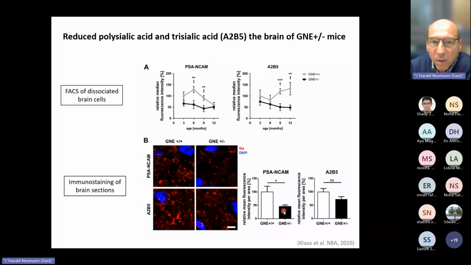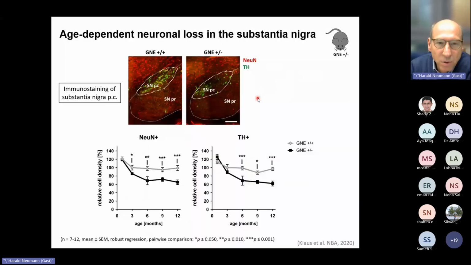We also look now in the central nervous system, and this is a staining for neurons, labeled here in green by tyrosine hydroxylase, a molecule which is involved in the dopaminergic development and dopamine production of neurons, and a marker for neural cell bodies, NeuN. Then we quantify the number of these TH-positive neurons in the substantia nigra pars compacta.